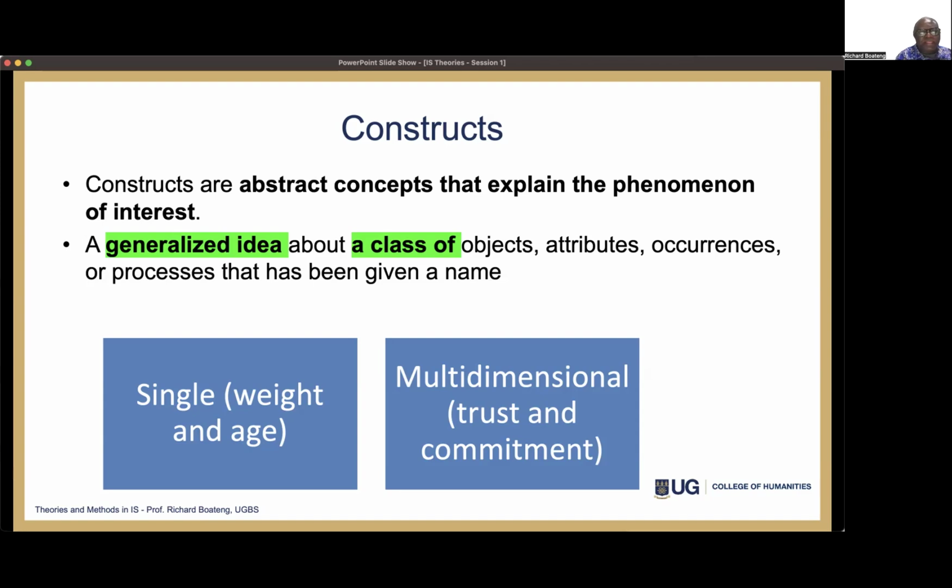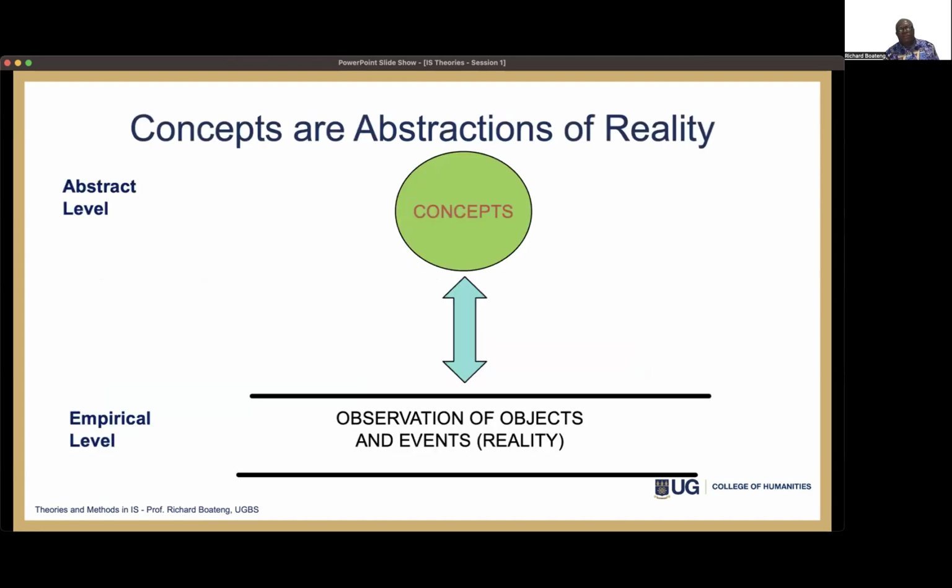Okay. So the construct itself, at a certain stage, you need to make it operational or make it measurable. That's when we come to a variable. So there could be a single dimensional construct, there could be a multiple dimensional construct. And as we go through the term, you'll be able to see which of the theories have multiple dimensional constructs within them. Good.